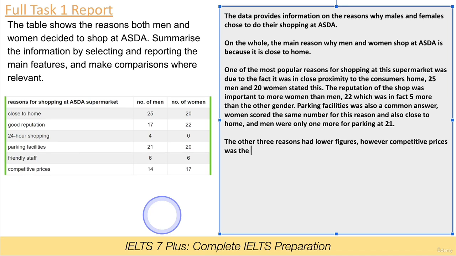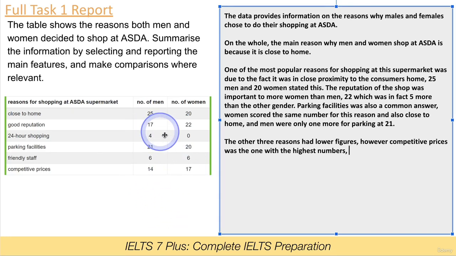Was the one with the highest numbers. And what did they have?